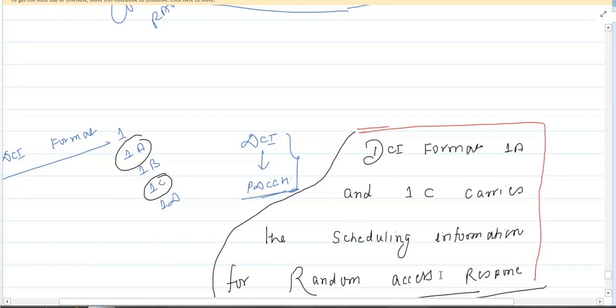In a frame you have tens of frames, multiple subcarriers. So where exactly will your UE check for the random access response? First check PDCCH for DCI, and then it will tell about the scheduling information of the random access response. Clear?